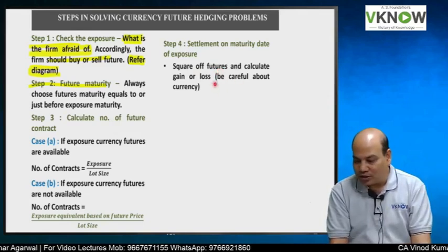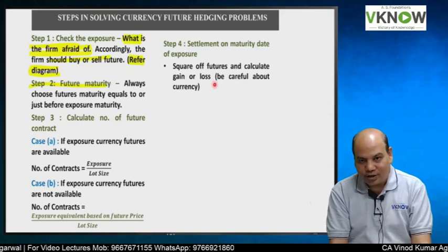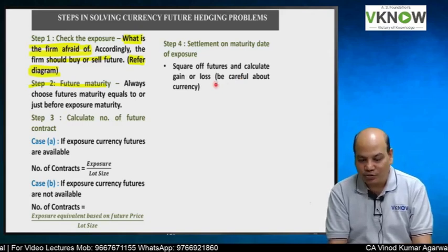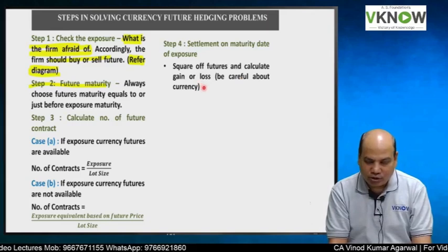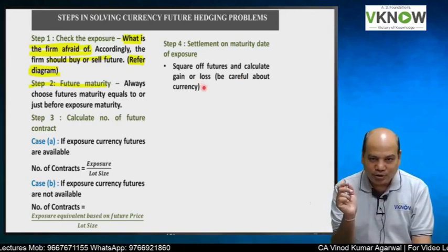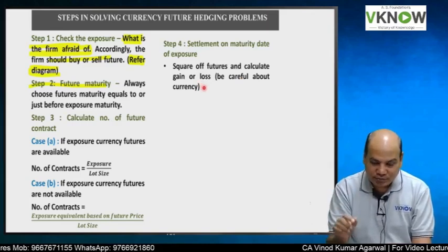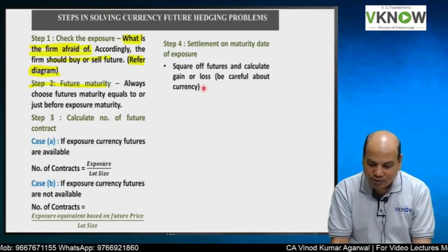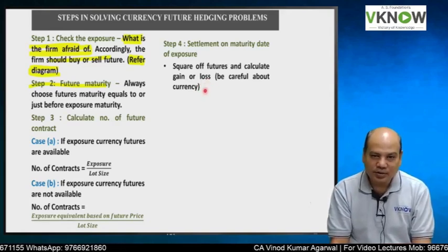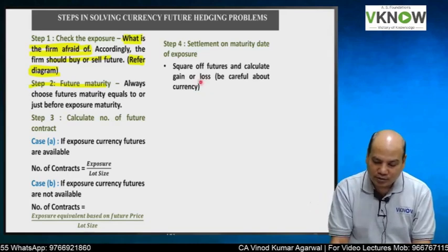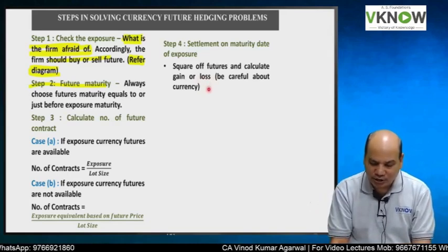Calculate the gain or loss. Be careful about the currency, whether the loss or gain is in dollar or in rupees. Here also students make mistakes. They write a wrong currency here. When we solve it, I will explain this point again.